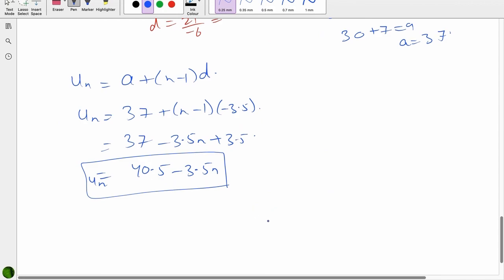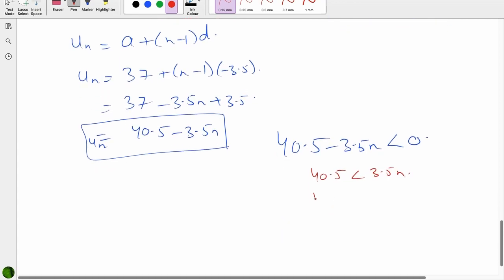So to find the first negative term, 40.5 minus 3.5n should be less than 0. So when it is that, we have 40.5 is less than 3.5n, and I'm dividing it. 40.5 divided by 3.5 should be less than n. 40.5 divided by 3.5, and I'm getting 11.57.